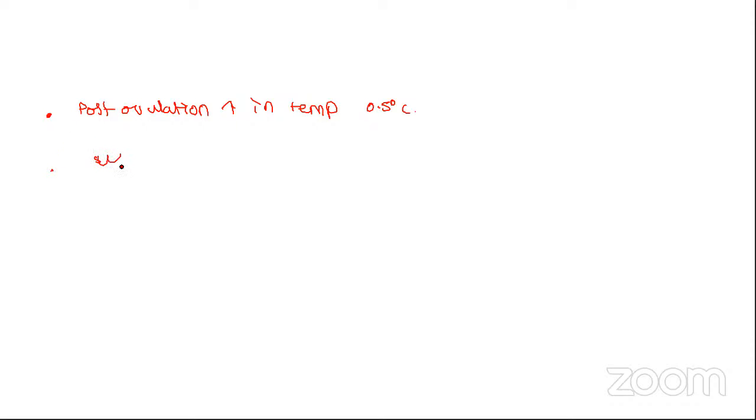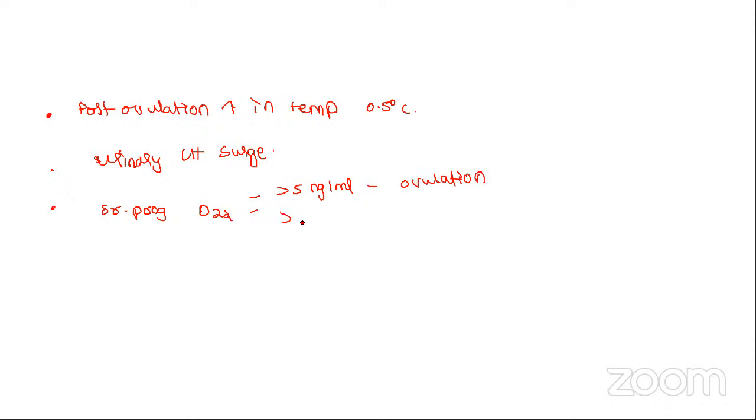In investigations, urinary LH surge, and serum progesterone on day 22, levels more than 5 nanogram per ml suggestive of ovulation, more than 25 nanogram per ml is suggestive of pregnancy.